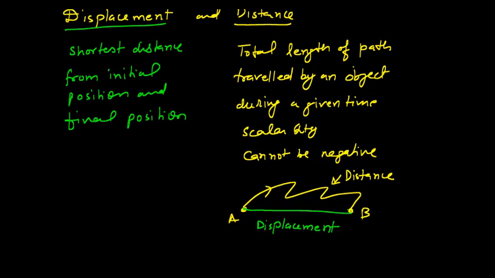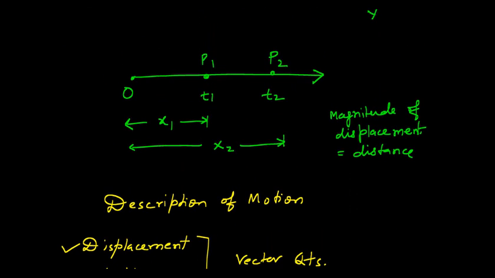Well, displacement is measured in meters in SI unit, and distance is also measured in meters. But the best part is displacement can be 0, can be positive, and can be negative also. Now let's go back to the same example here.